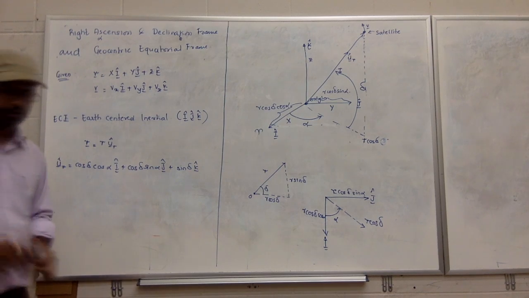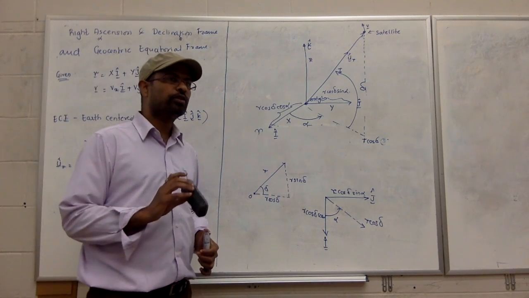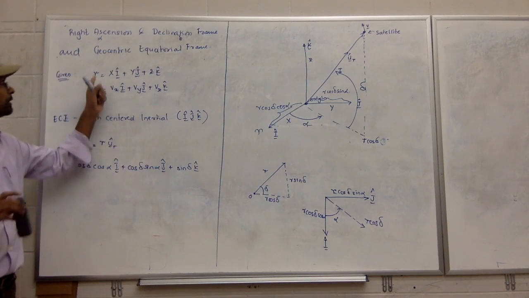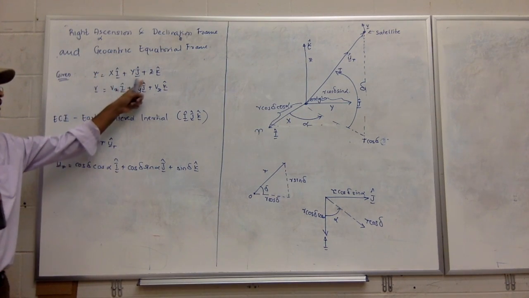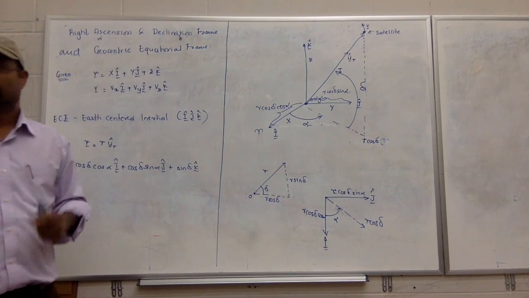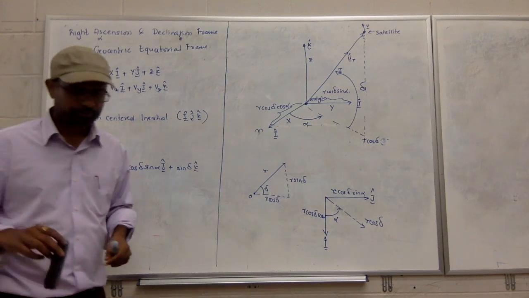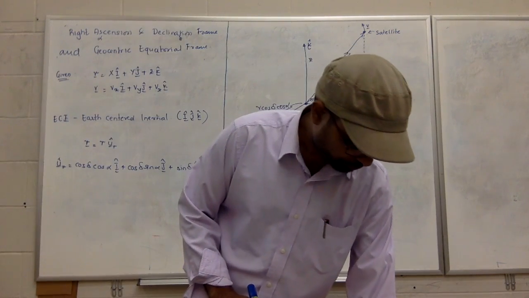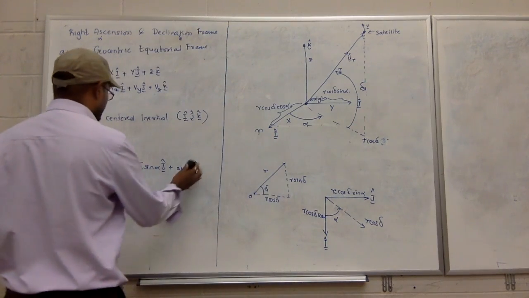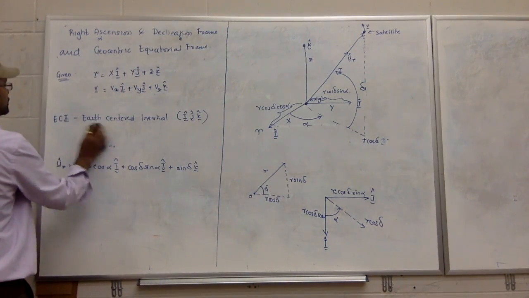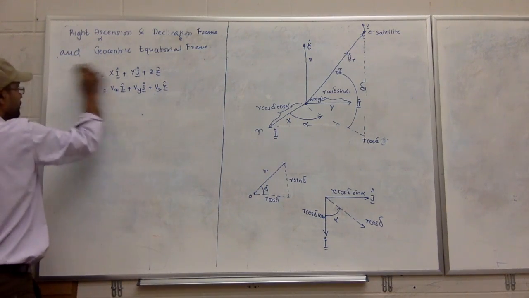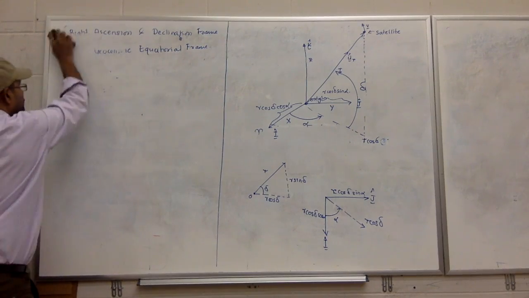So from an exam point of view, I can give you R in terms of I, J, K, or R in terms of alpha and delta, and you need to figure out the other one. I'll do an example quickly. I'm going to erase this. There is a very simple process. You just need to follow that process.